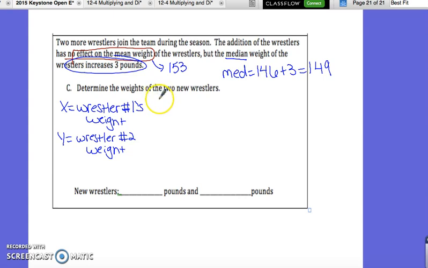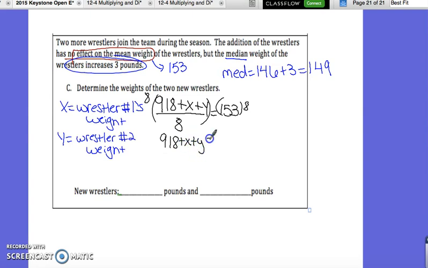So I know that when I added up the first 6, I had 918 pounds plus X plus Y, all divided by, now there's 8 wrestlers, with 153 pounds. So if you simplify, you multiply both sides by 8, you get 918 plus X plus Y is 1,224. Subtract your 918. So I know if I add up the 2 weights of the wrestlers, it's 306.